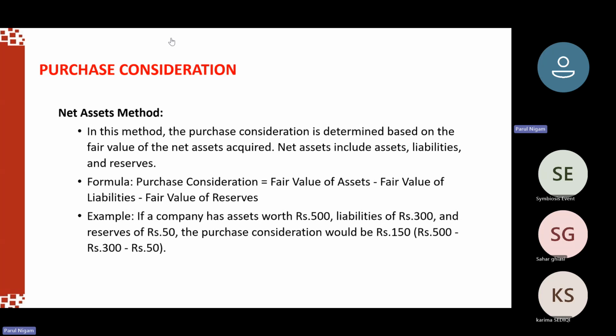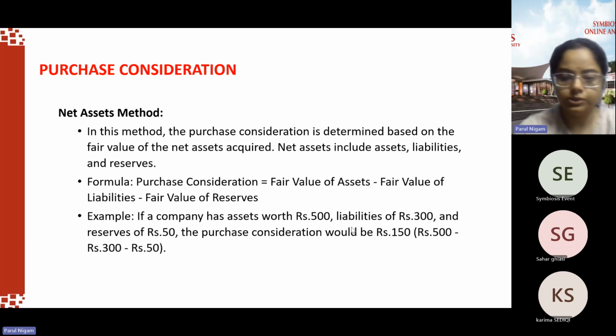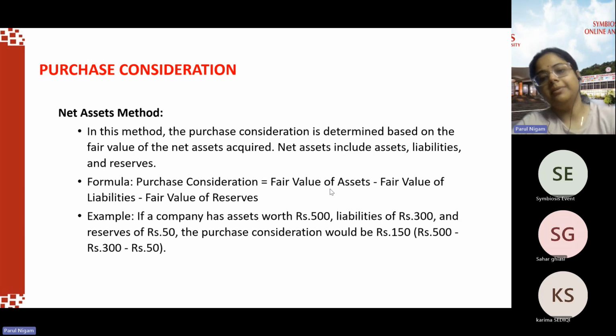Then your purchase consideration will be equal to, as you can see in this formula, fair value of assets minus fair value of liabilities minus fair value of reserves. So this is basically your purchase consideration. Now, if a company has assets worth rupees 500, liabilities of 300 and reserves of 50, the purchase consideration would be 150. Okay, 500 minus 300 minus 50, it's easy.